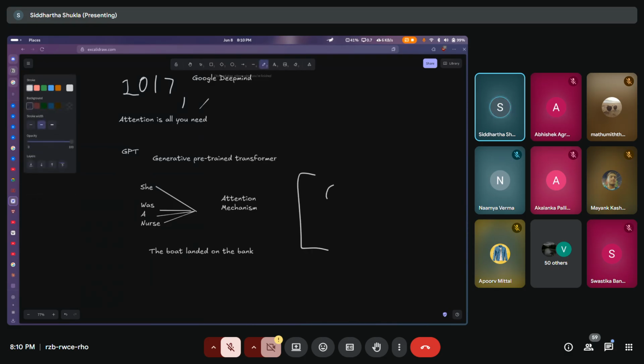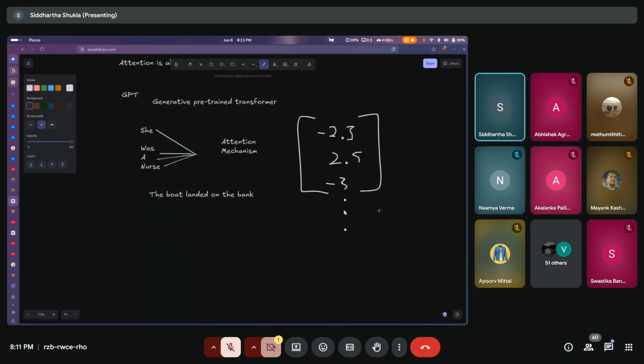For instance, if I have a vector here, a1, a2, a3. Actually, let me declare real values. So if we have something like minus 2.3, 2.5, 3, minus 3, and let's say this is the encoding for "she". Mind you, in modern day LLMs, the size of these vectors can go as long as something like 40K dimensions.